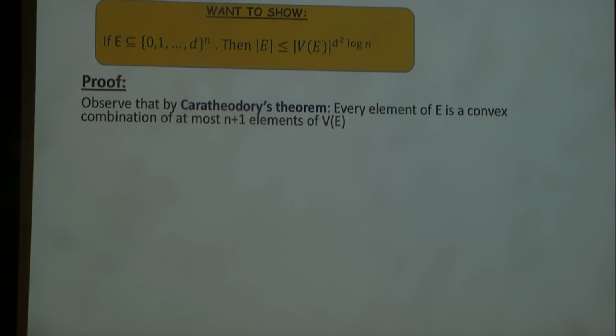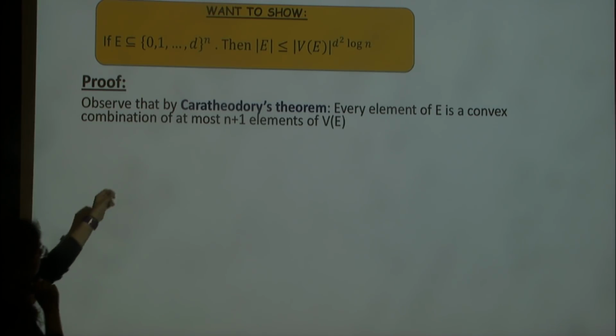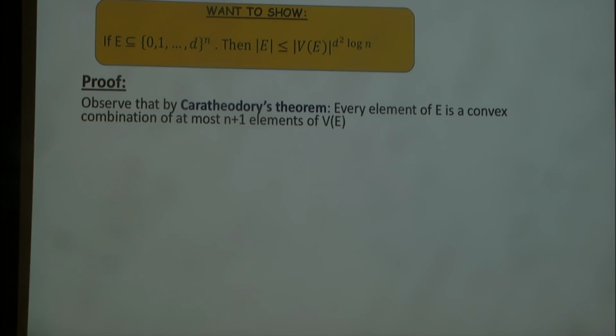Okay. So Carathéodory's theorem is a classical result in convex geometry, which says that if one point is a convex combination of a large number of points, and you're sitting in n-dimensional space, then that point is in fact a convex combination of at most n plus 1 of those points. So every element of E in particular is a convex combination of at most n plus 1 elements of the vertex set, or the corner points.